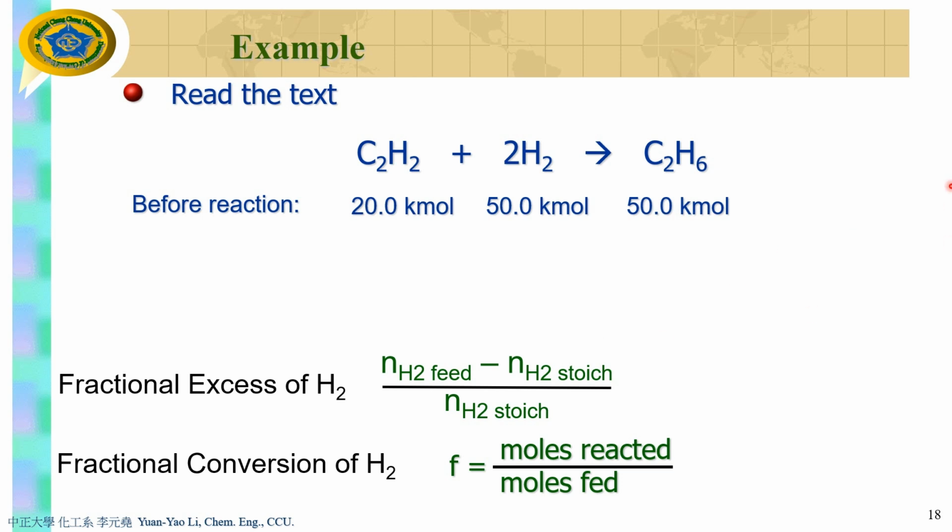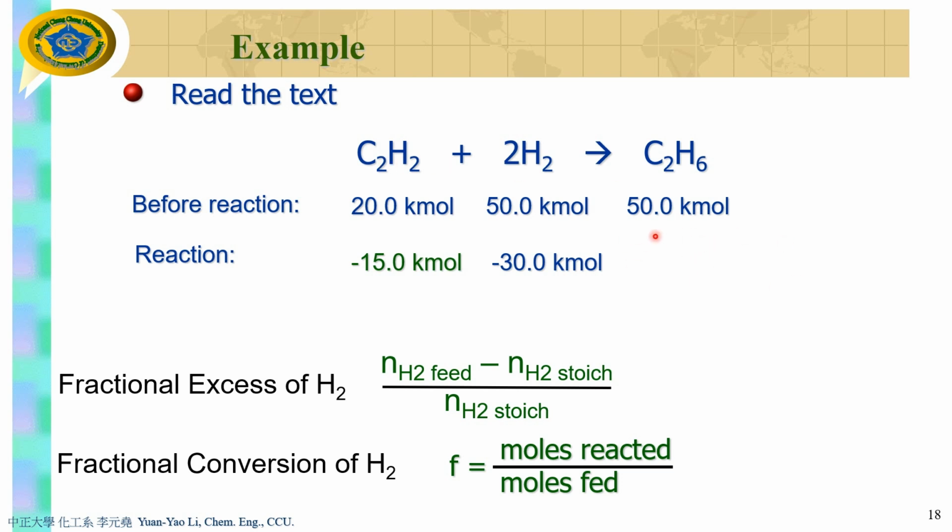And then during the reaction, you know this is 1 mole, 2 mole, and 1 mole. So if I say to you that we found out that hydrogen was consumed 30 kmol, according to this stoichiometry coefficient, this will be 15, right? So the text tells you that according to this reaction, there are 30 kilomoles of the hydrogen consumed, so you will consume 15 kmol of the C2H2.